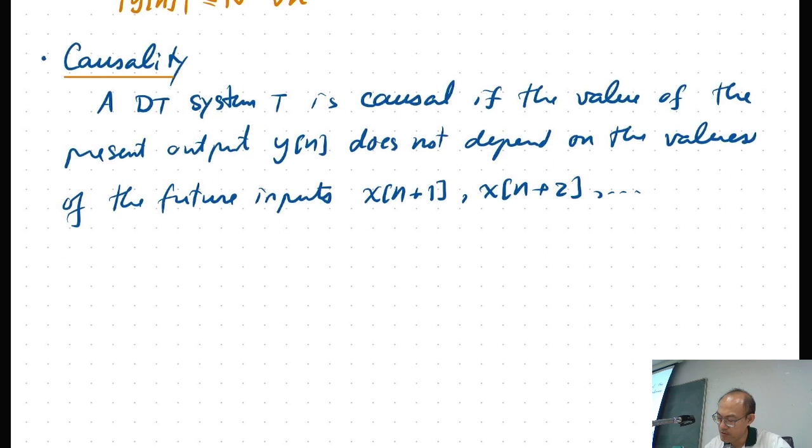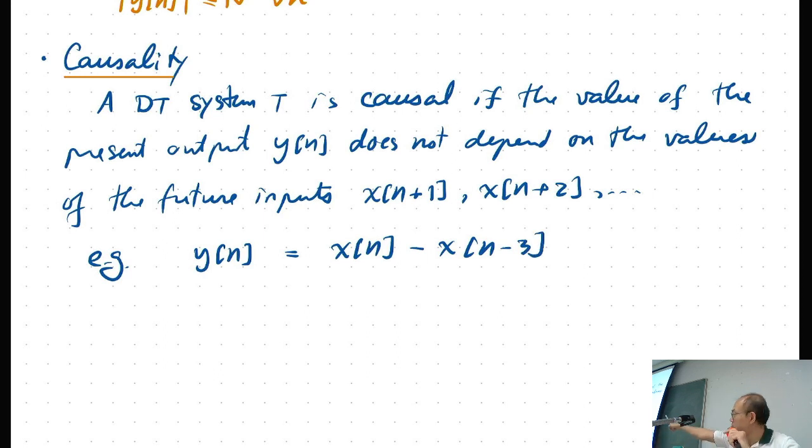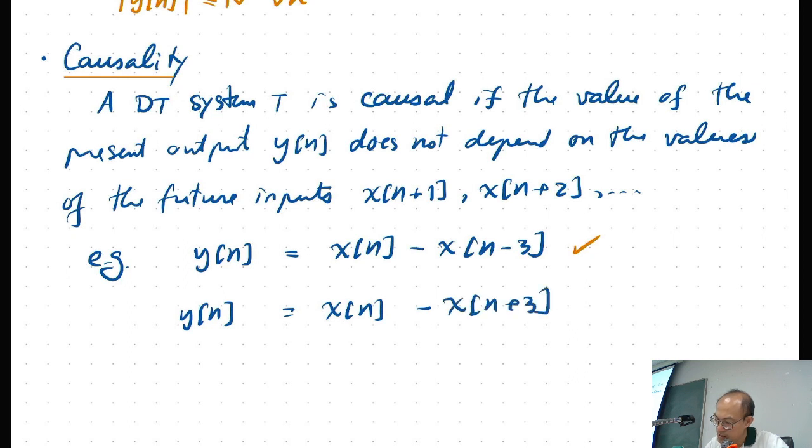All right, for example, y[n] equal to x[n] minus x[n-3]. This system is causal. But this system is not. The reason why it's not causal is because it depends on the future. This is the future value of the input, right? It is 3 samples ahead.